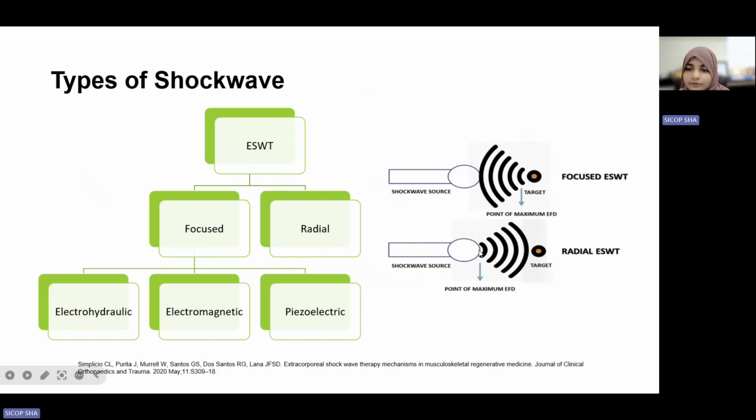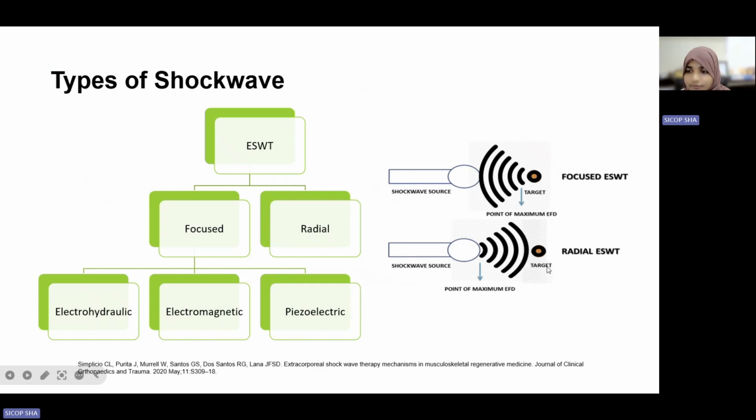Whereas in radial shock wave, what happens is when the shock waves are released from the treatment head, it travels, then it diverges. So there is divergence of the shock wave when it gets received on the target tissue.